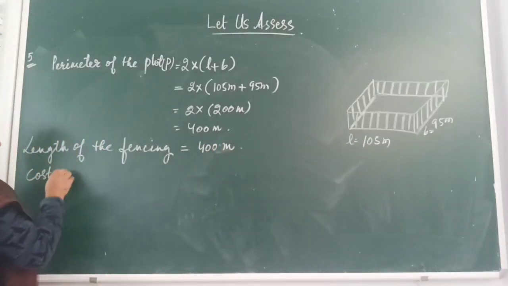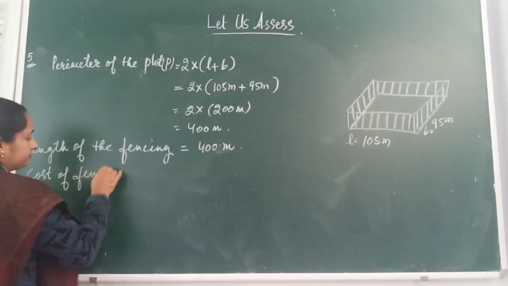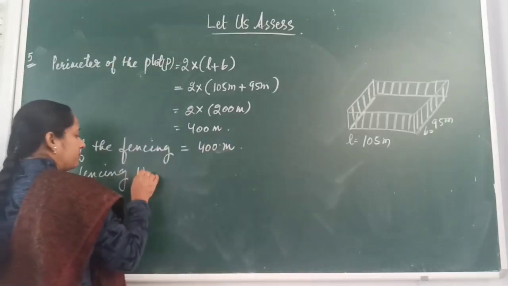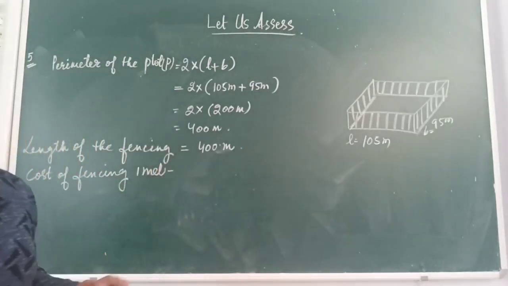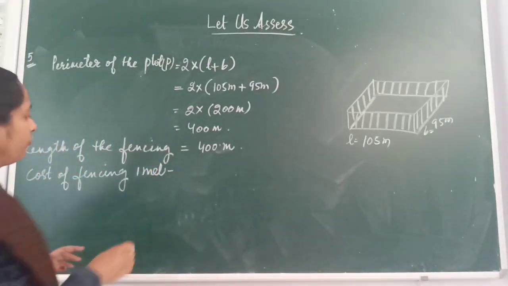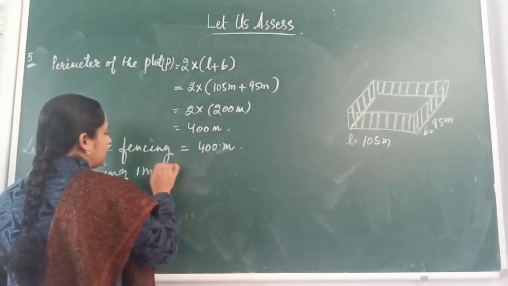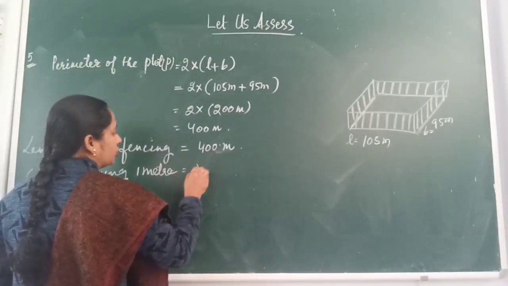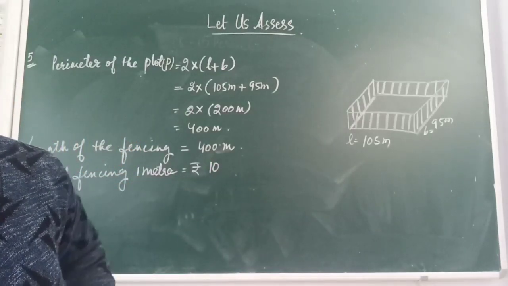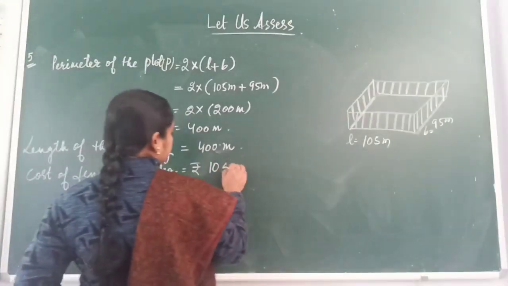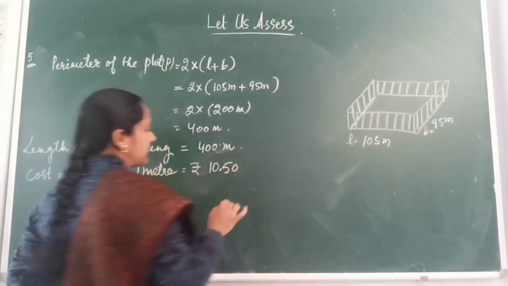Cost of fencing 1 meter is equal to how much? 10 rupees 50 paise.